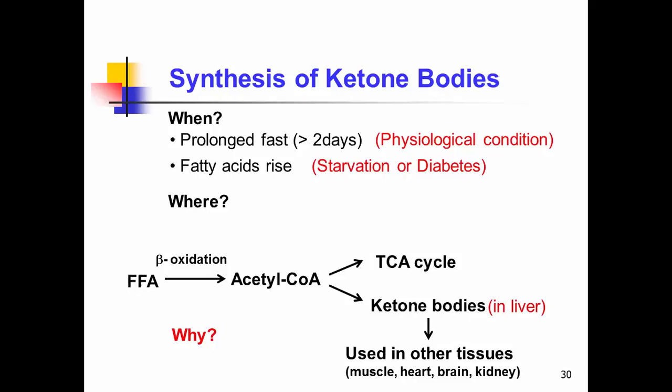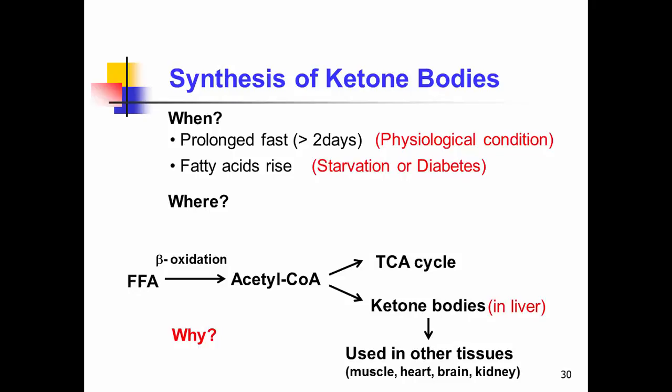So the glucose cannot be taken up into the cell for energy. So inside the cell, there is actually an energy crisis because less glucose is available for energy, right? So the body then has to utilize the alternative fuel, primarily fatty acids, right? So lipolysis will be increased and release a lot of fatty acids into circulation.